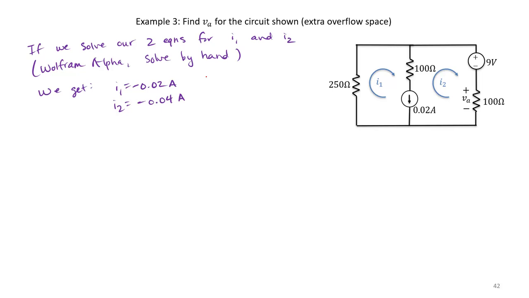Why are these negative? Well, they're negative because we assumed the currents were going clockwise. But it turns out they're actually going counterclockwise.